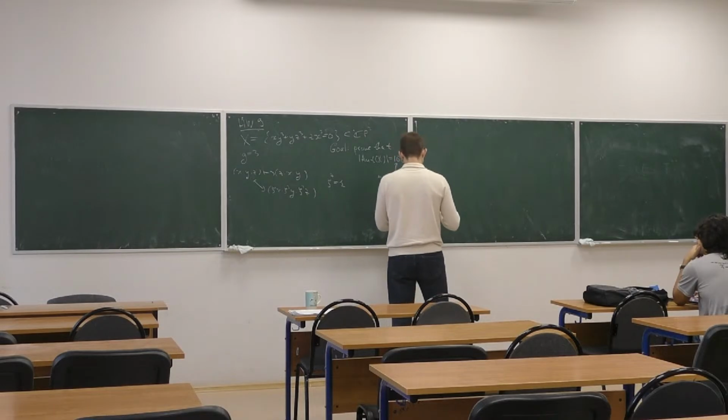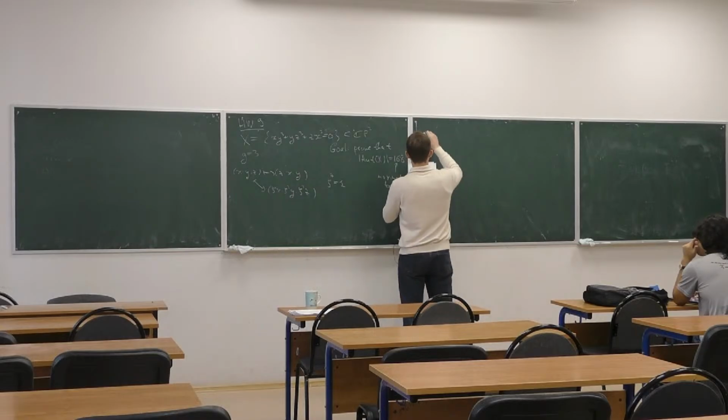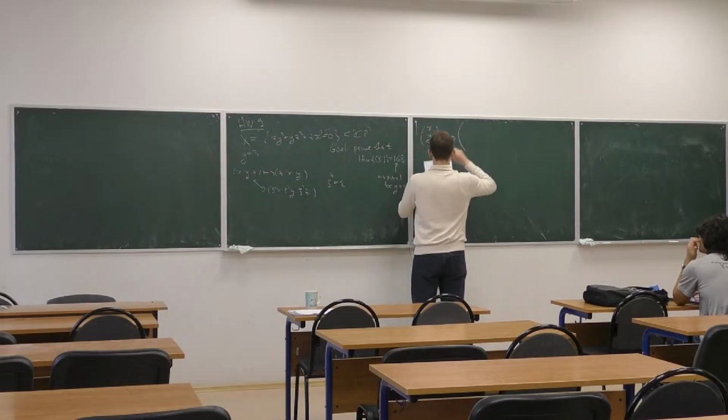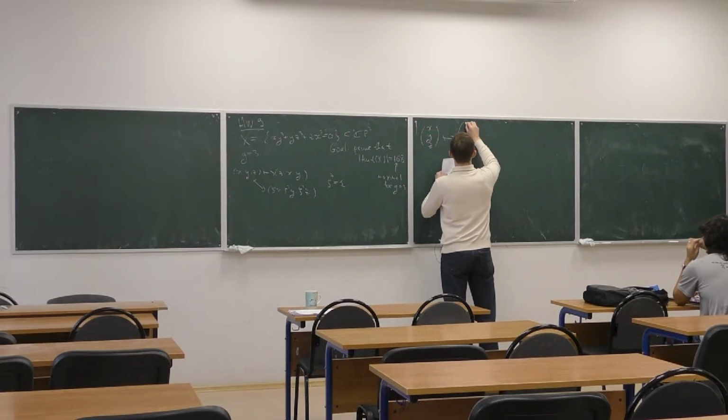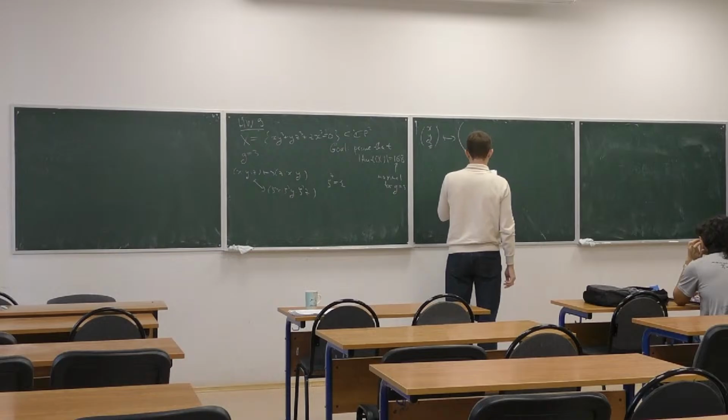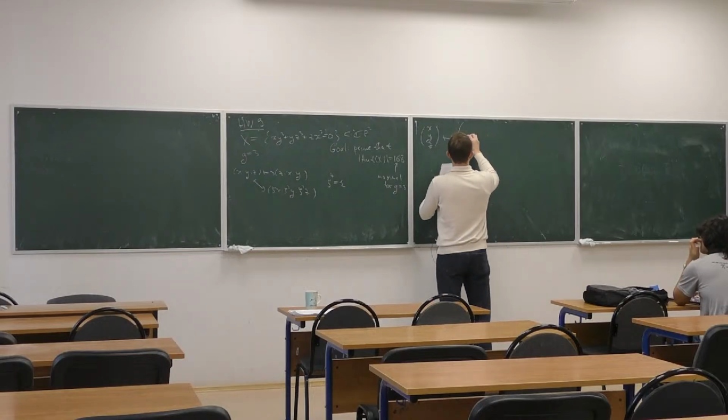the much more interesting automorphism. x, y, z goes to this matrix. Let us denote it in this way: omega.